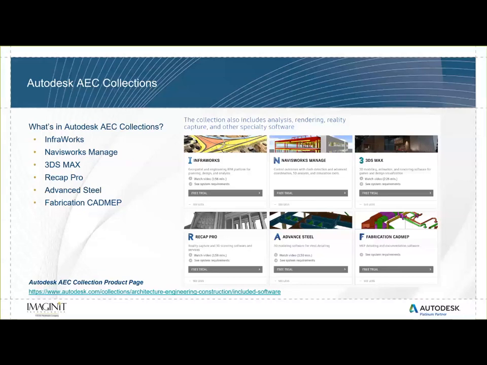Of course, Navisworks Manage is going to be that tool for our clash detections. So bringing in those models, and it doesn't really matter if it's an AutoCAD 3D model, Revit, anything basically 3D, allows you to do clash detections and timelines too. 3D Studio Max, if you're not aware of that one, that's basically gaming and videos, video games, movies.